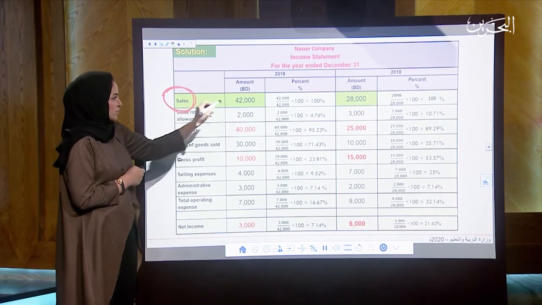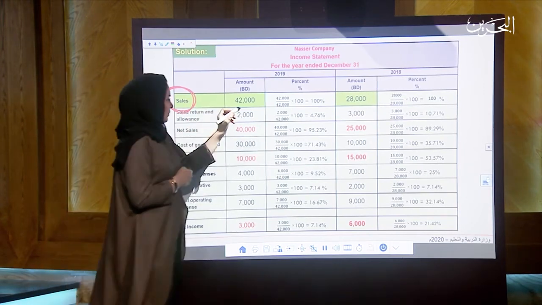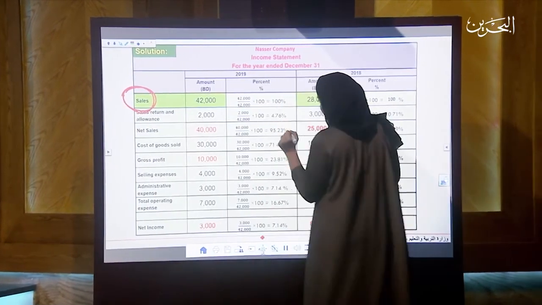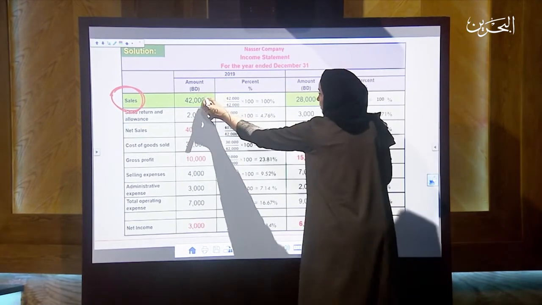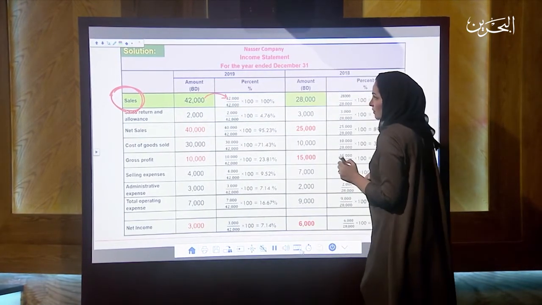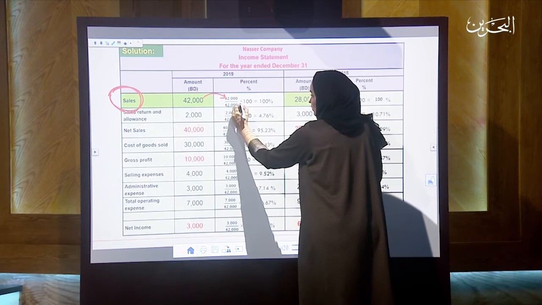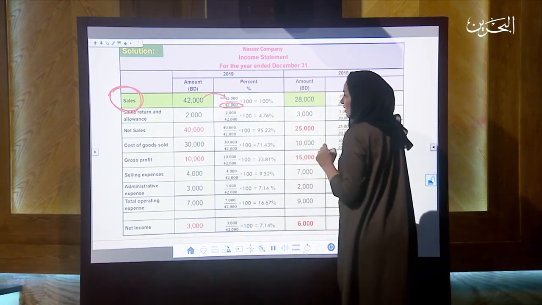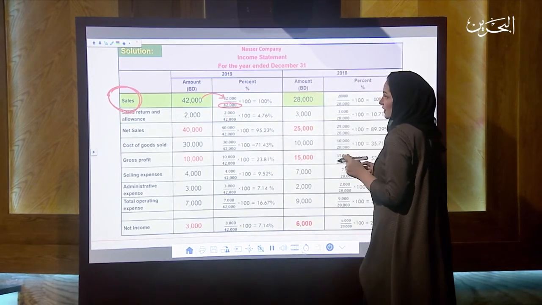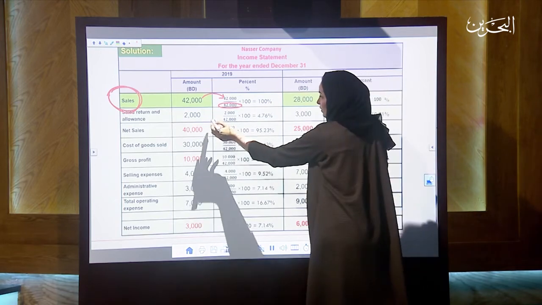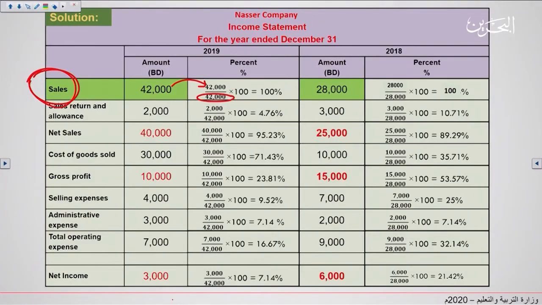Okay, let's start with the sales. 42,000 divided by 42,000 multiplied by 100 equals 100.